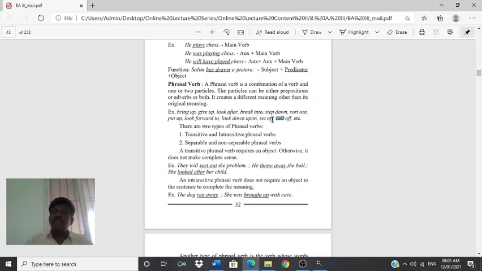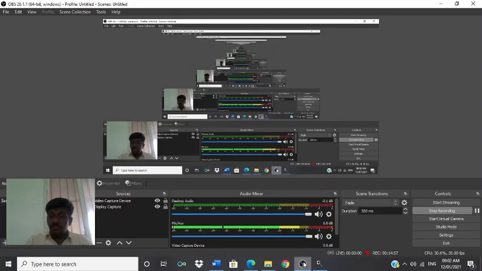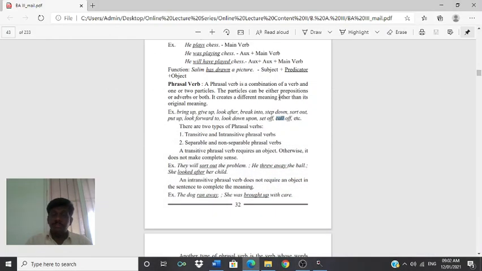So these are the phrasal verbs where you can understand that the particles are connected with each other: a verb and a preposition or adverb are connected and create a phrasal verb.